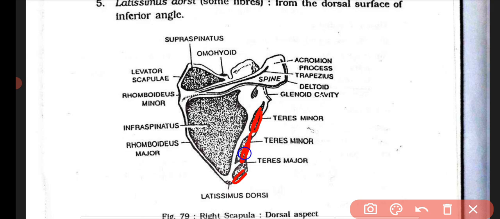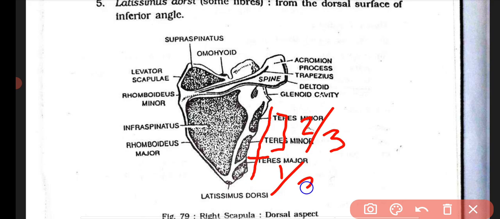So this whole portion will divide into two halves. Again I will show you, this whole portion is the lateral border. It is divided into two. This one is the two-thirds portion and this one is the one-third portion.